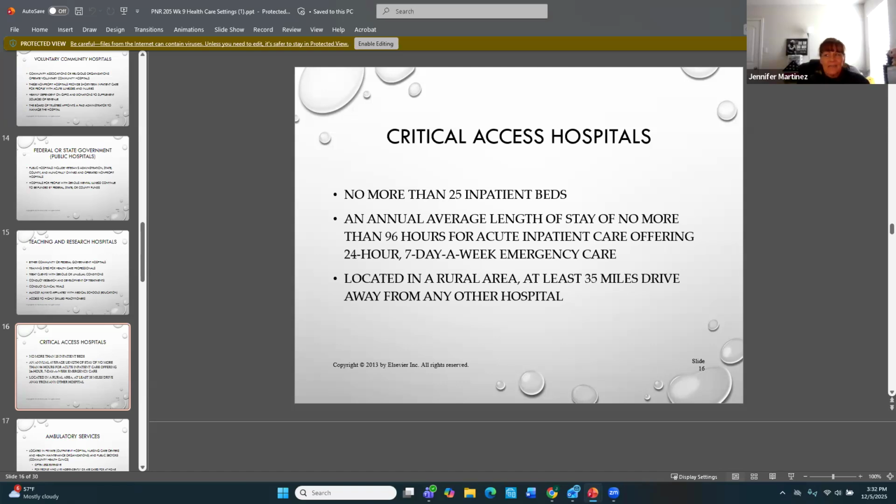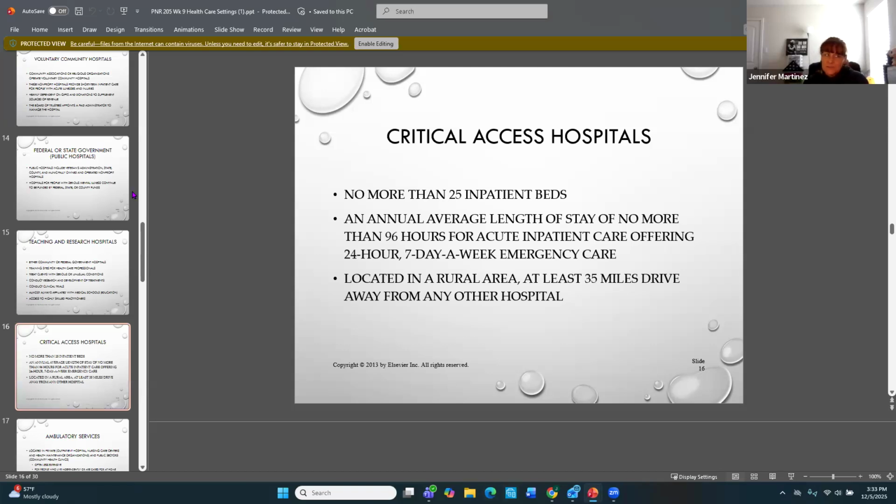They usually have a length of stay less than 96 hours for acute inpatient. They still offer 24-hour, 7-day-a-week emergency care as well. But again, they're located in rural areas, at least 35 miles from another hospital. They provide care for more common conditions, and they also provide some outpatient care.